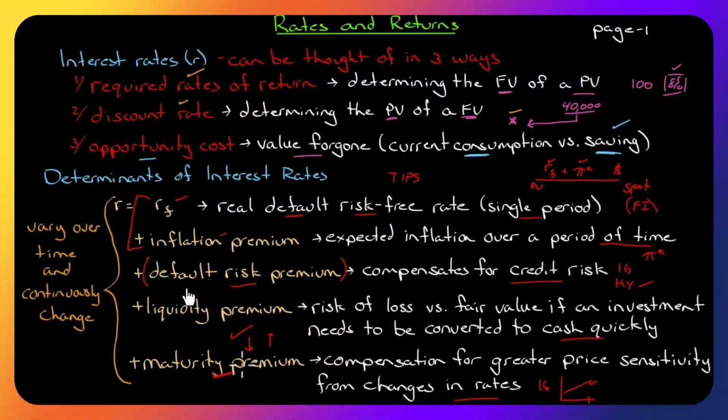So you'd want some kind of maturity premium for that. If you were just dealing with government bonds, the maturity premium is correctly stated this way. If you're dealing with credit risky bonds, the maturity premium is a combination of the greater price sensitivity plus greater credit risk as time continues on. All the fun stuff that you're going to see in fixed income.